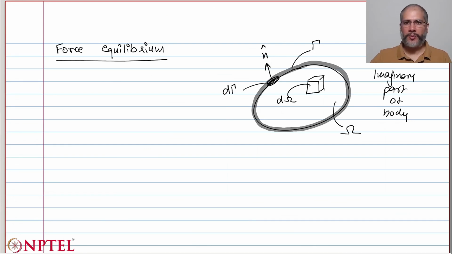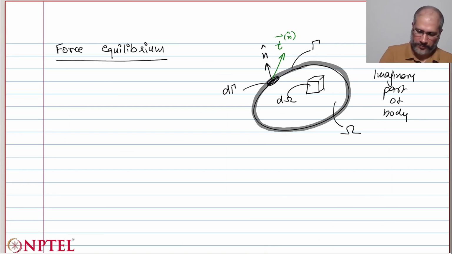So we'll write the net force acting on the body as the sum of surface forces and volume forces or body forces. When I write surface forces, they are basically the sum of all the forces acting on the enclosing surface of the body. So if I start taking these small d gammas, I find the traction vectors on these d gammas. So this traction vector for this particular d gamma is t n hat.